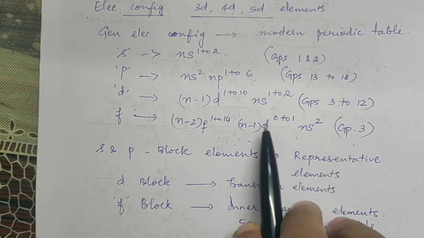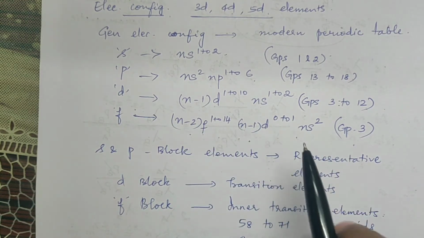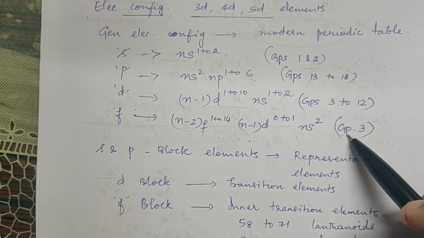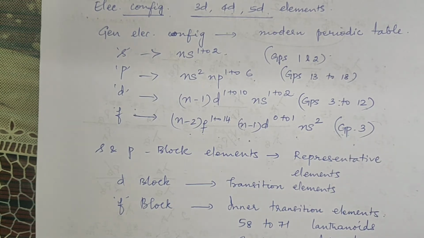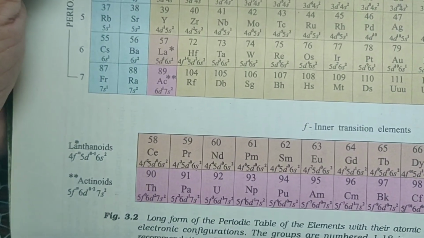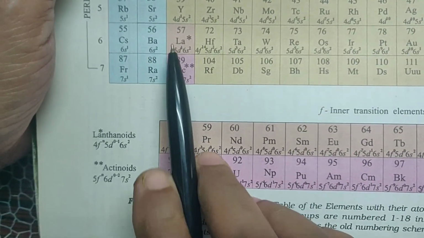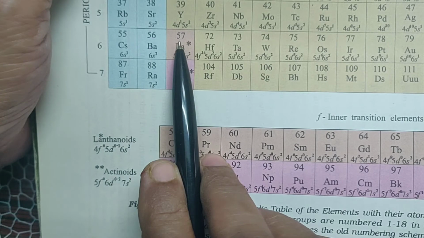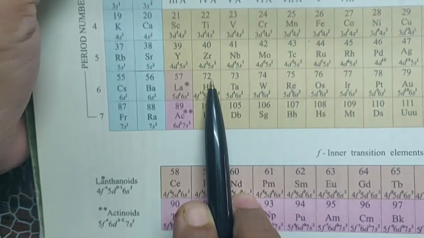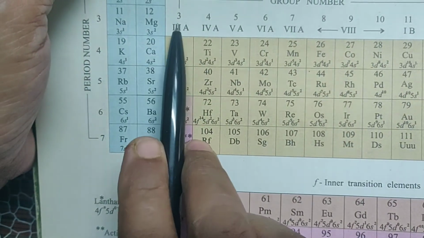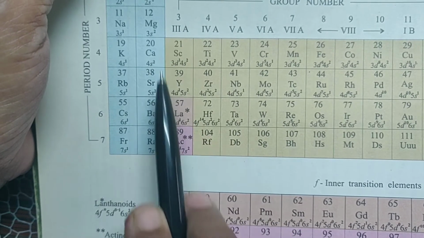Now all these elements belonging to F block, they all belong to group 3, right? Say this is your Mendeleev's table, and look here, 57 atomic number, and then you have 72. Now this 57 atomic number, it belongs to group 3, right?